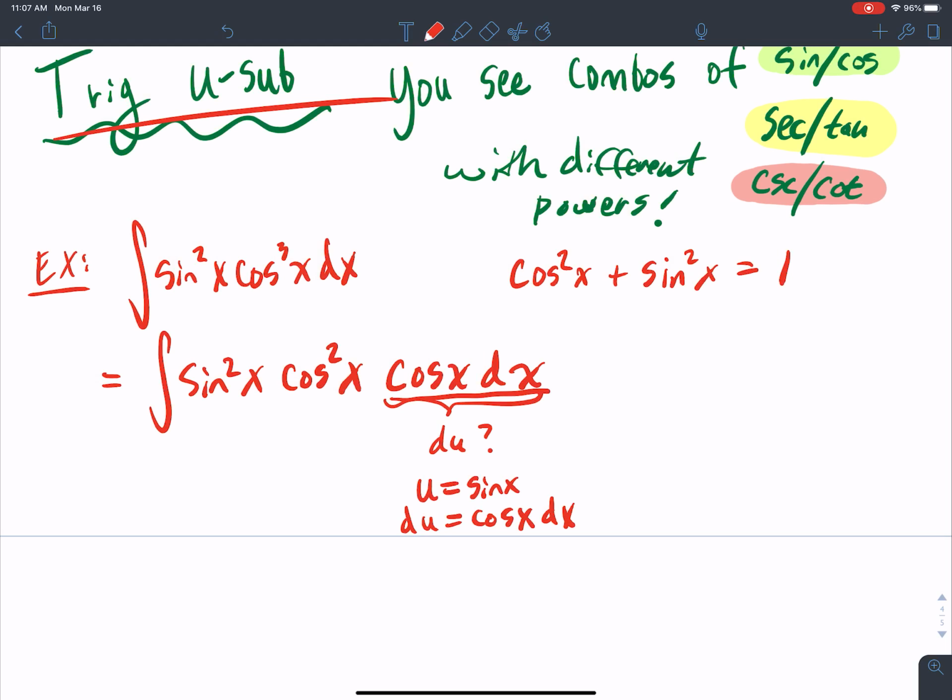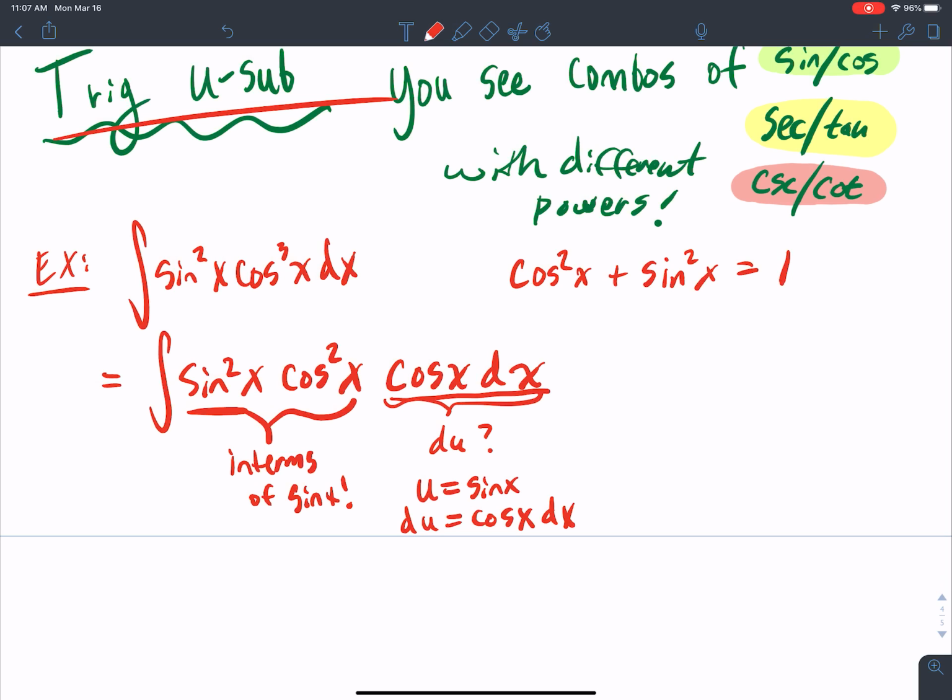How about that? Isn't that nice? So I need to rewrite everything over here in terms of sine, because then I can write it in terms of u and I've got my answer. Pretty easy.